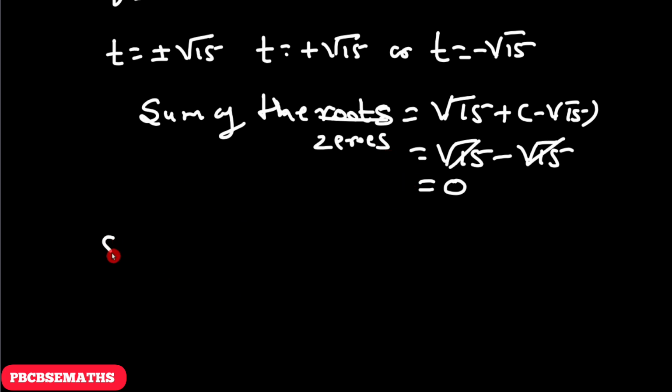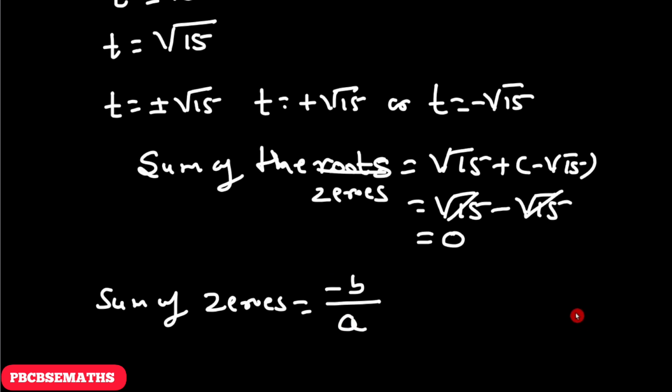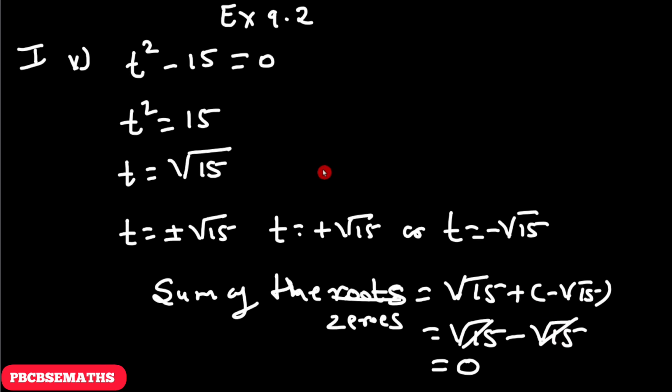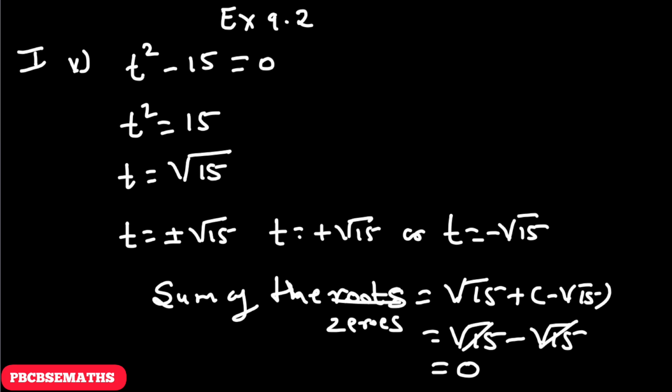Let's verify it. We know that sum of zeros is always equals to minus b by a, that is negative times coefficient of x divided by coefficient of x square. Here in this quadratic polynomial, it is in the form of x square plus c.